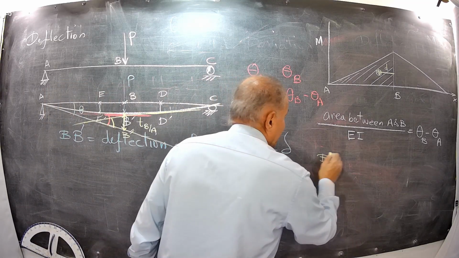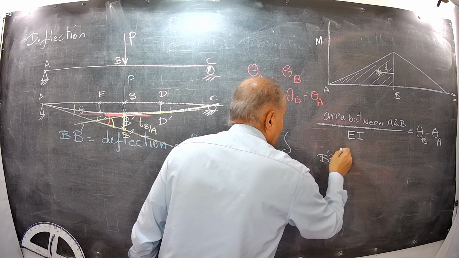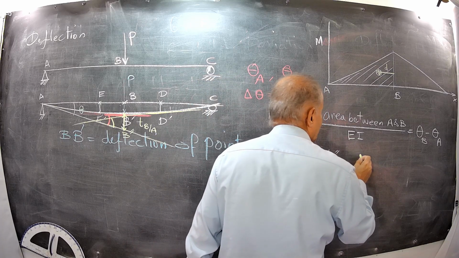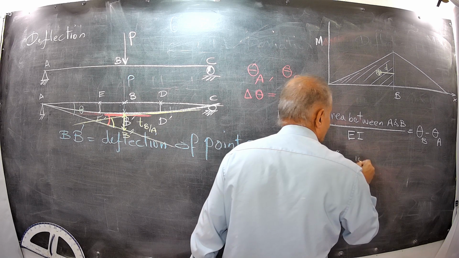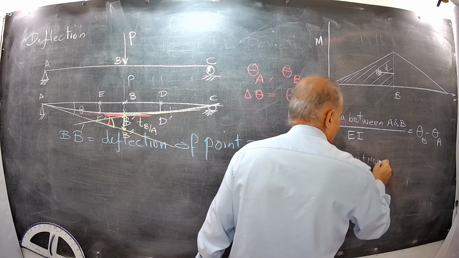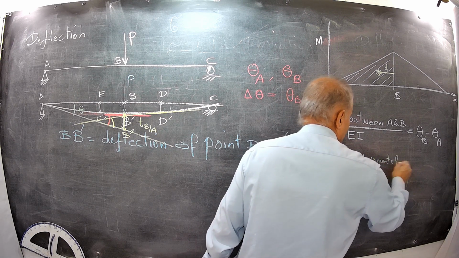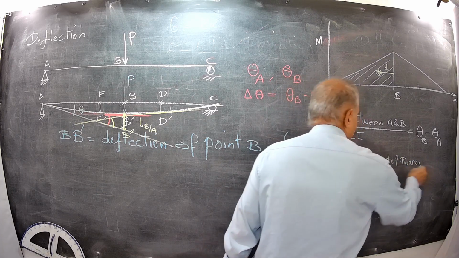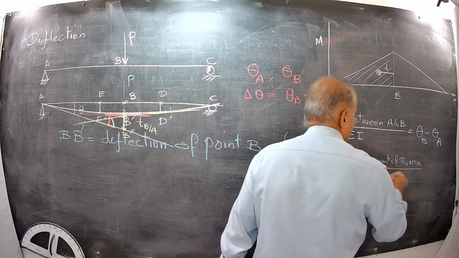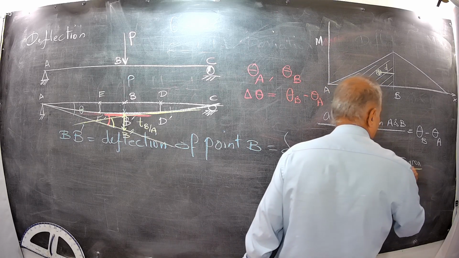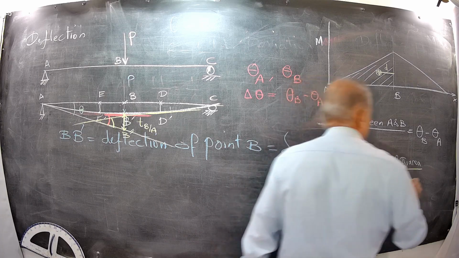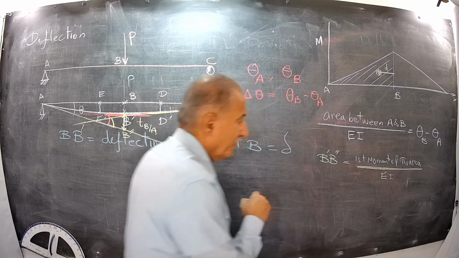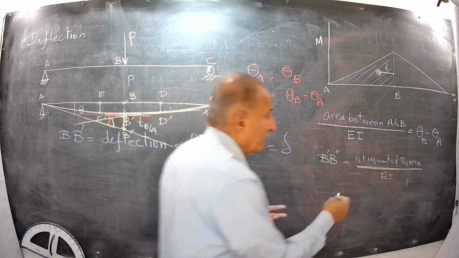Then B prime, B double prime is equal to the first moment of the area divided by EI between these 2 points, between A and B.